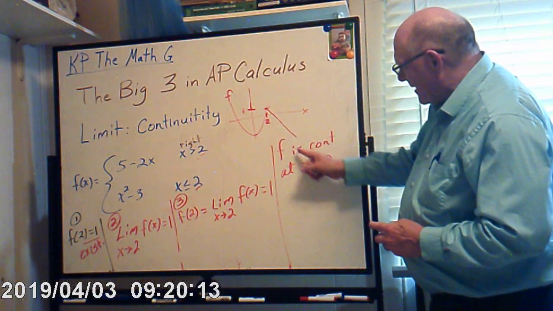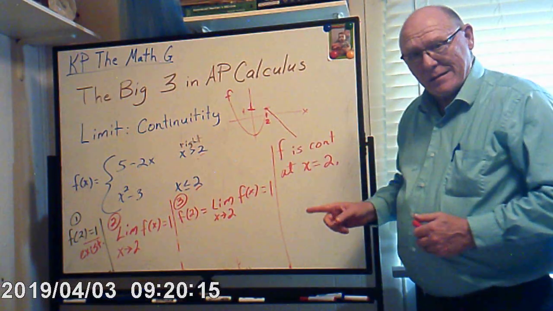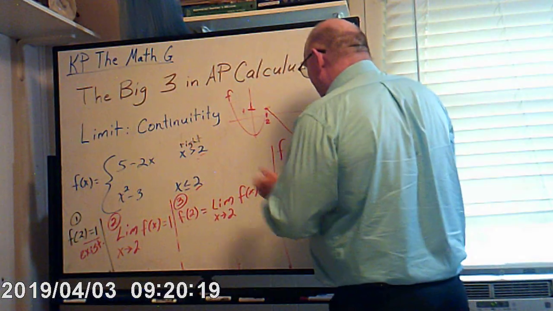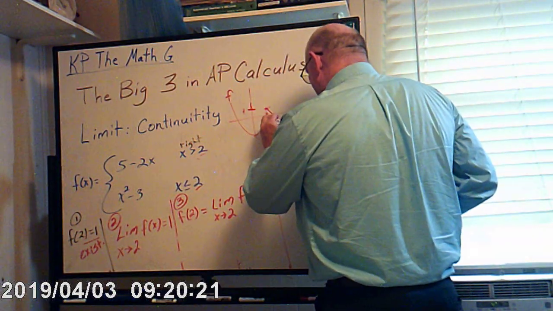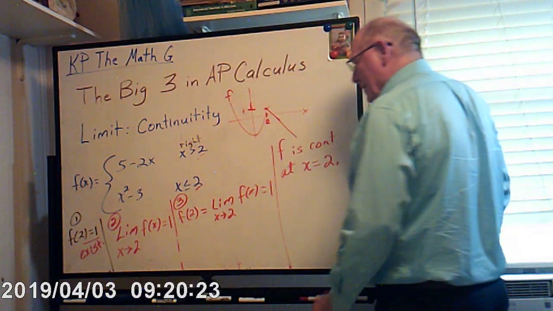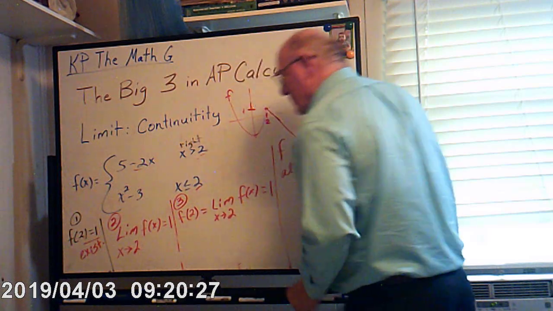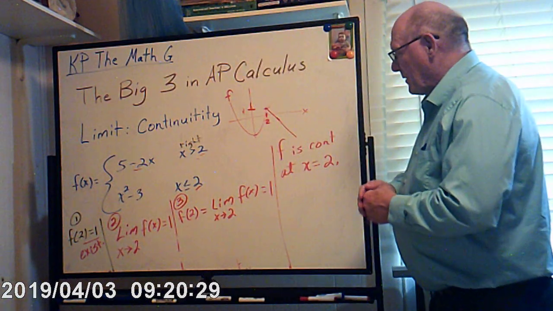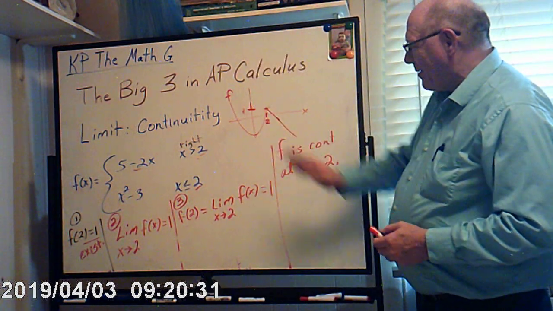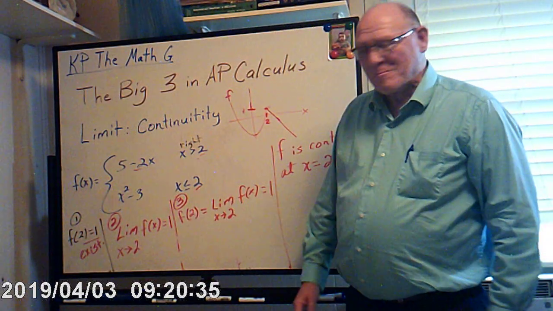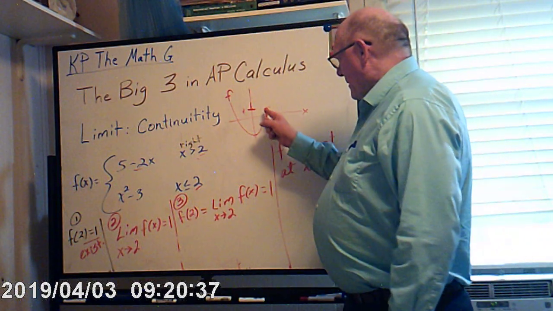This line has to begin at 2 and keep going. It's got a slope of -2. I probably should have it a little steeper than that, but anyway, that's the idea. It's continuous at that point.